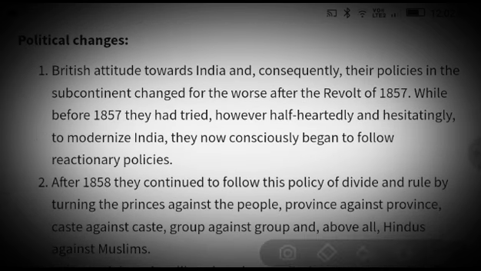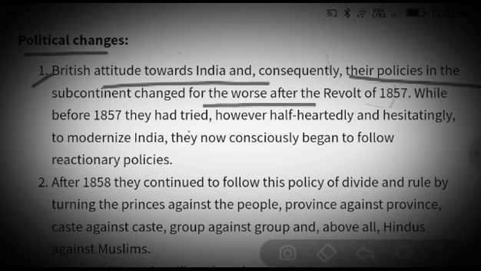Political changes. British attitude towards India. The British attitude towards India, and consequently their policies in the subcontinent, changed after the revolt of 1857.